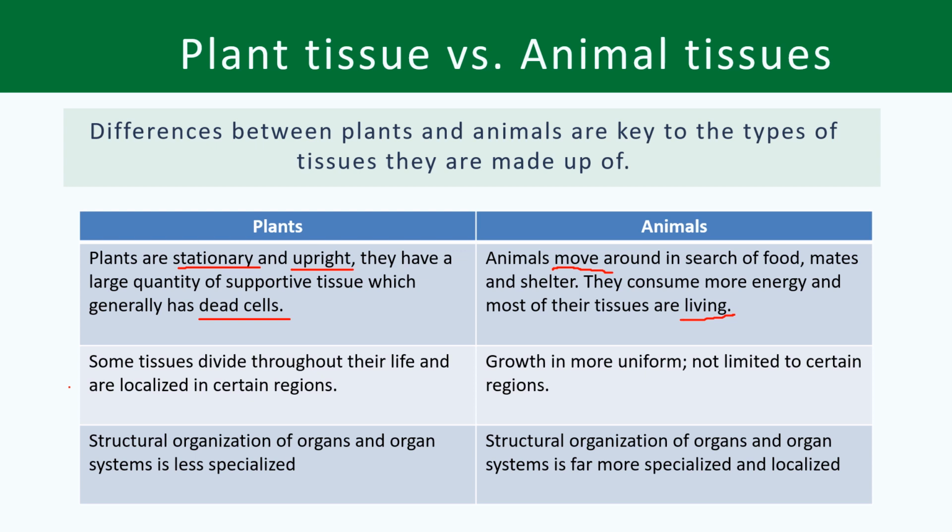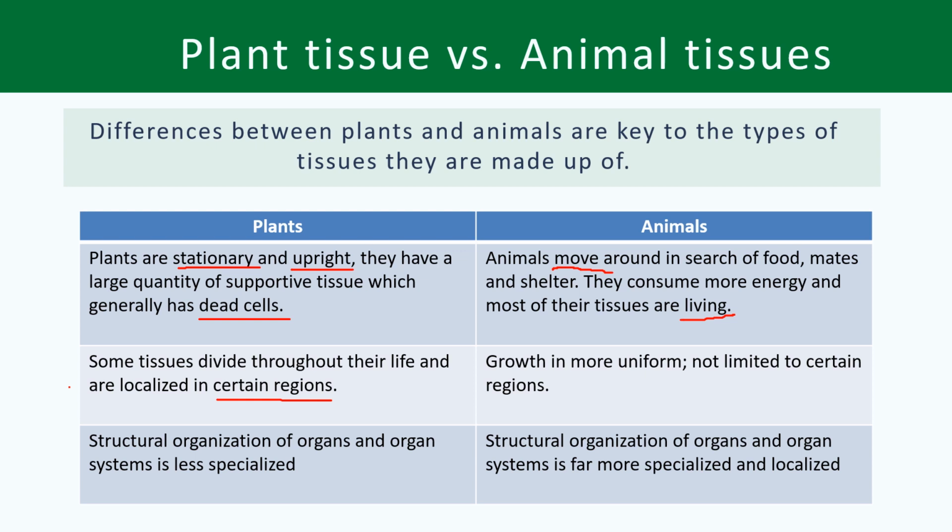Another difference is that in plants, cell growth or division is localized. Division does not happen in the whole plant body. Where it happens, it happens throughout their life span, always. But it is localized to certain regions. The entire body is not experiencing growth.